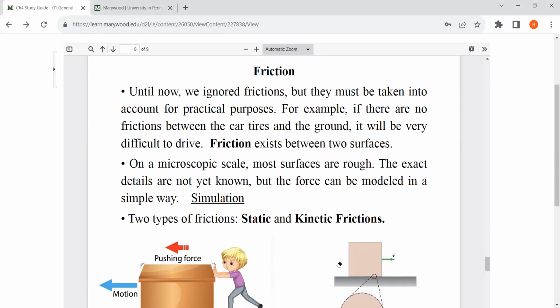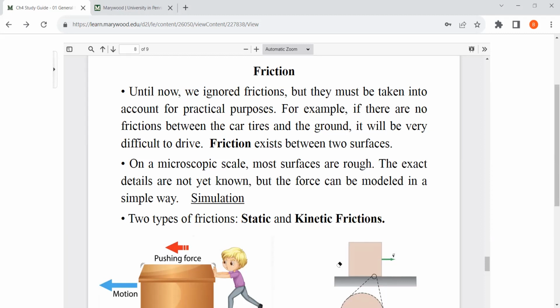In this chapter some of the problems will be ideal, meaning we neglect friction, and later we add friction, because this is a real life problem. Without friction we cannot do many things. For example, if there is no friction between the car tires and the ground, it will be very difficult to drive.